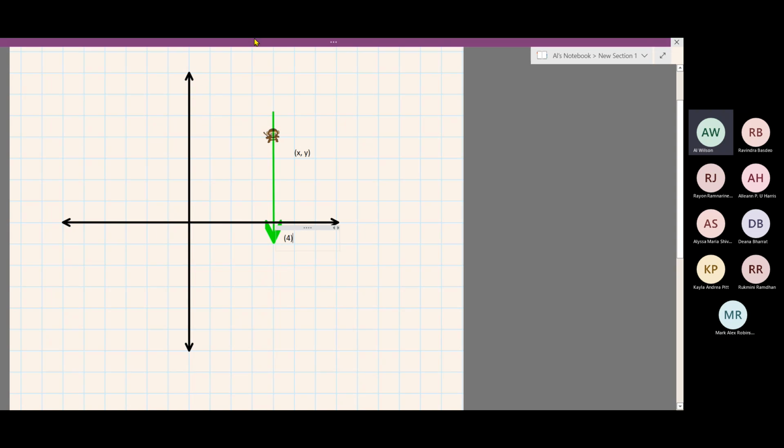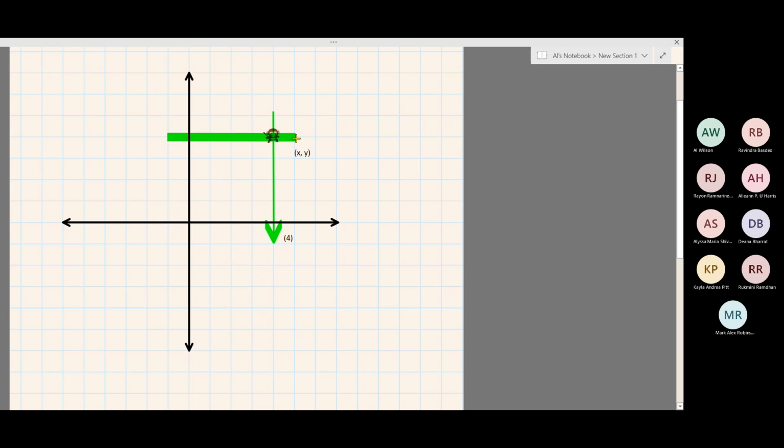And we can then go ahead and draw a line going across. Then we count, here is 1, 2, 3, and here is also 4. It tells me that x is 4, and y is 4.